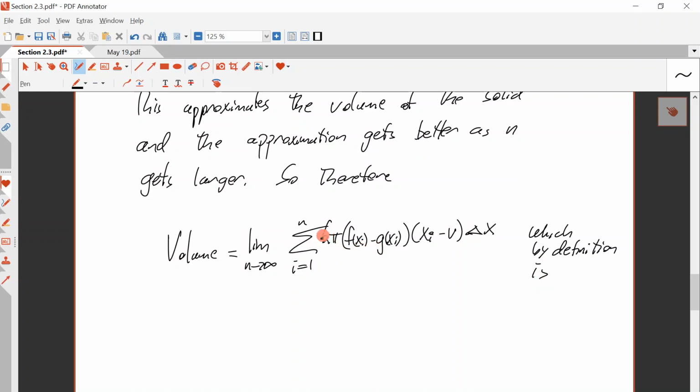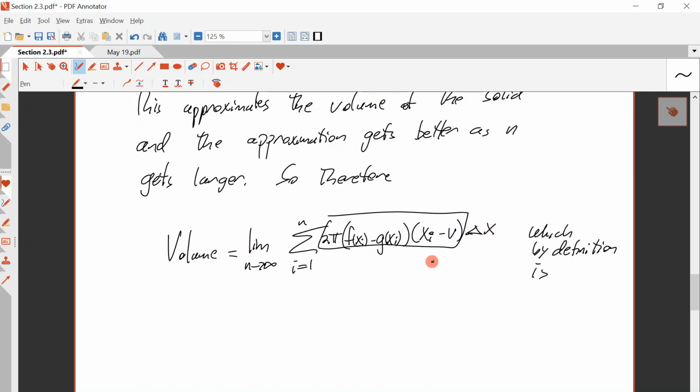So we've got a function with respect to xi multiplied by delta x, and we're summing that up over xi and then letting n go to infinity. So by definition, what is that?